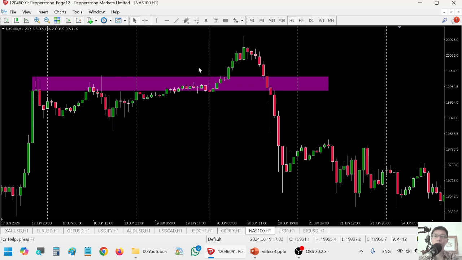You have to be aware of this, because after a bullish candle closes above this resistance, you can see this 1, 2, 3. This candle tries to make retail traders think that this is the start of an uptrend, but it's just a manipulation. Price starts to go down again and closes below this resistance.